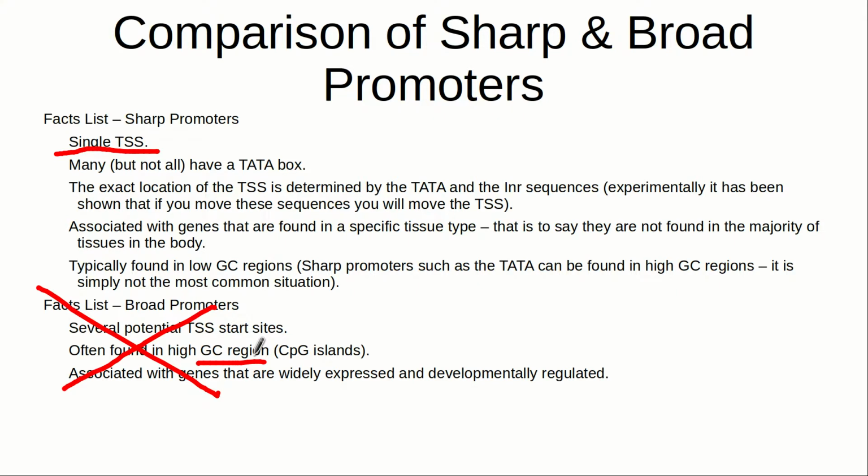It is high GC. You don't turn these off, so they're usually not. I'm going to have to take some time to explain this. All right. Actually, here's the piece that's wrong. High GC, but not high CpG. That's the wrong place.